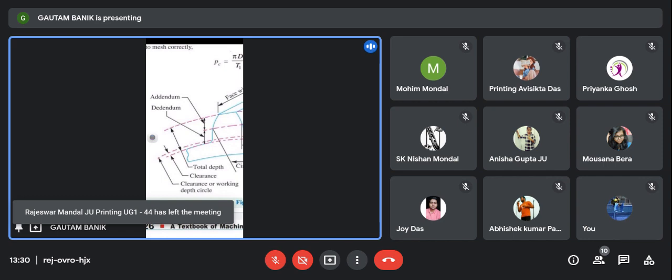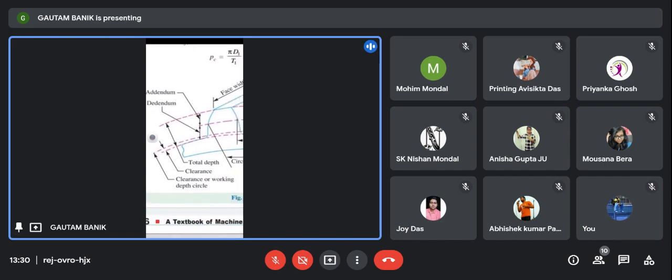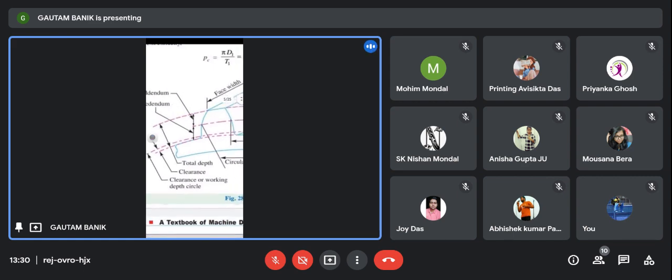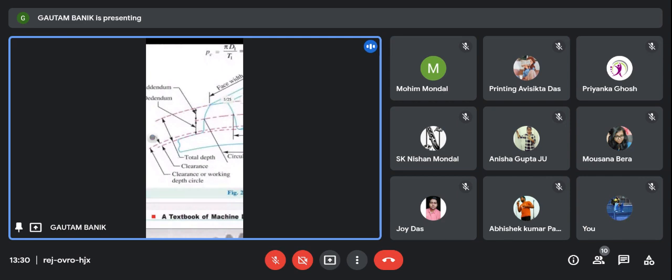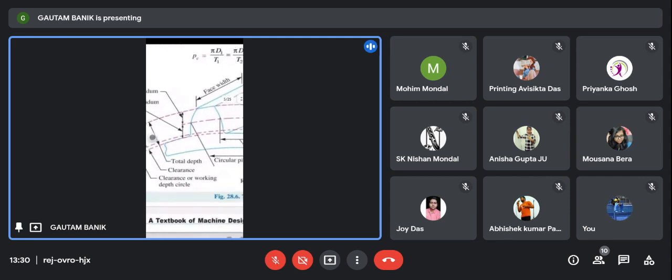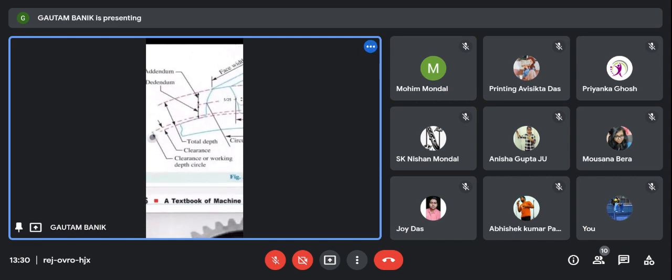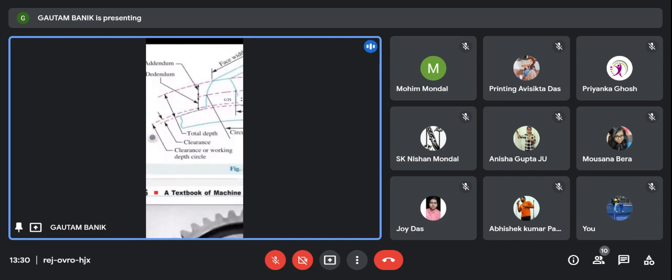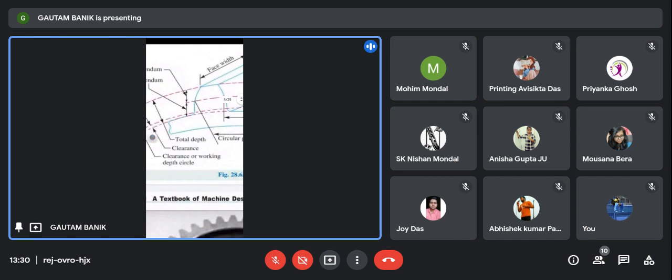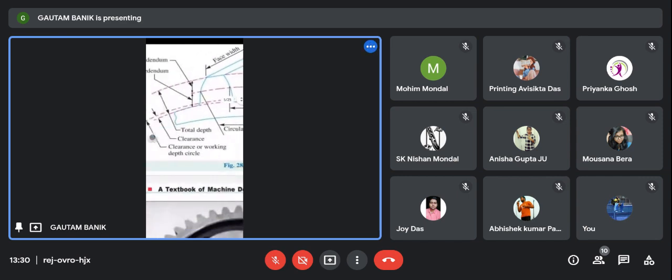Now the dedendum is the distance from the pitch circle to the lowest dedendum circle. So it is called the dedendum. And clearance: there is a clearance when two gears are meshed together.